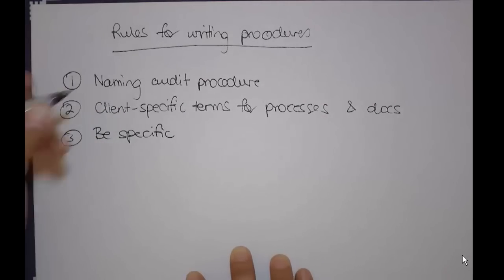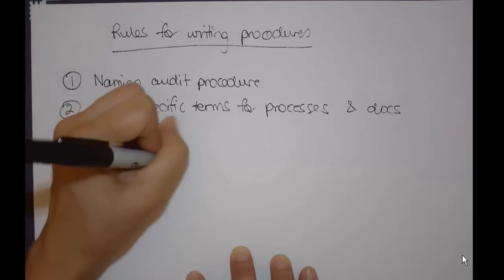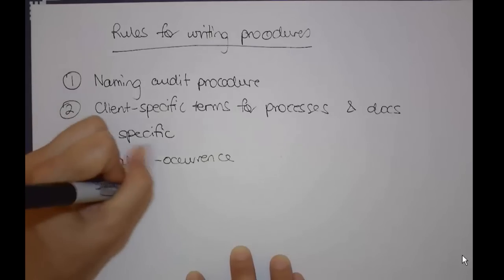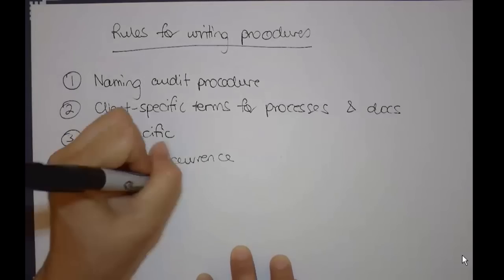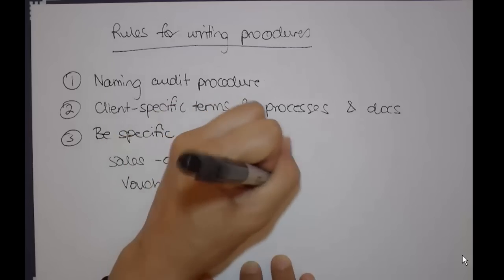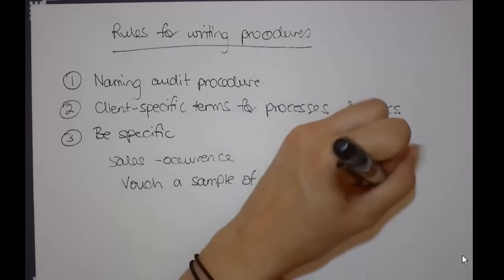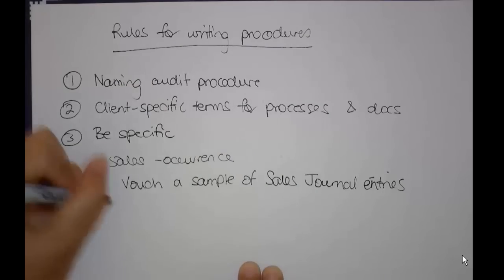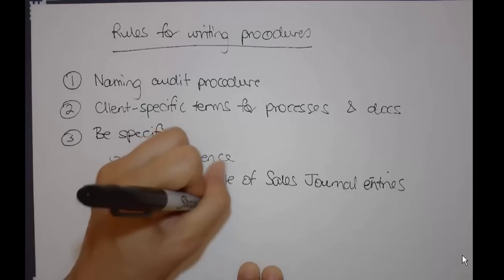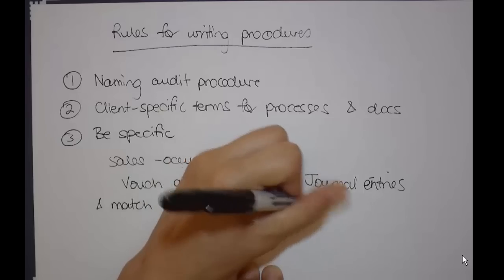So if I'm using sales and I'm testing occurrence, then I might say something like: vouch a sample of sales journal entries and match to shipping documents.